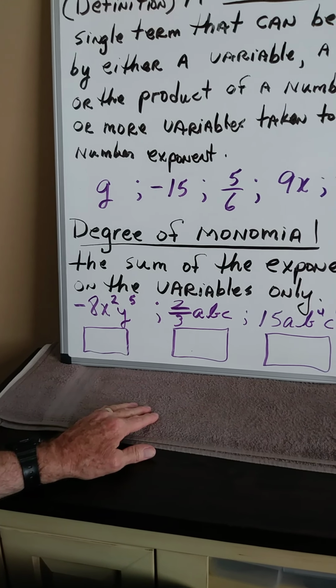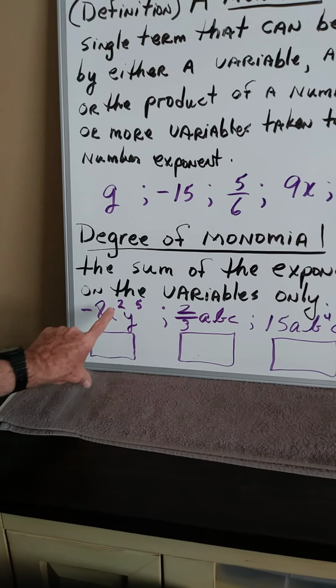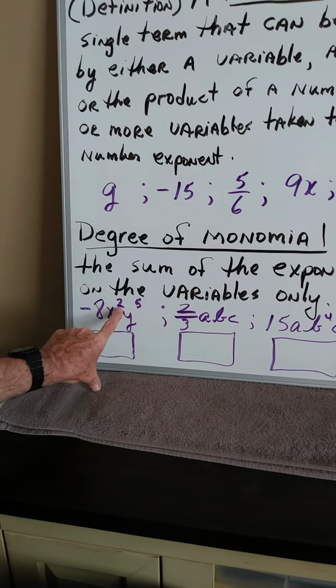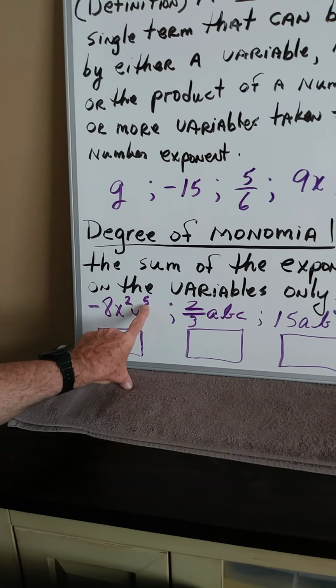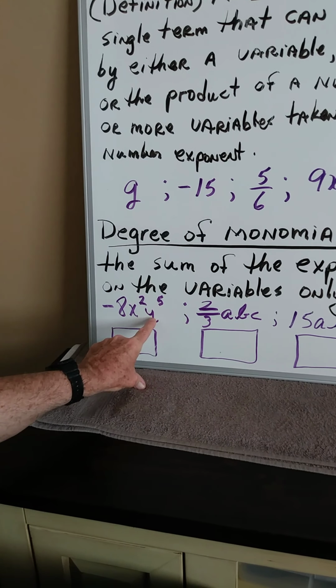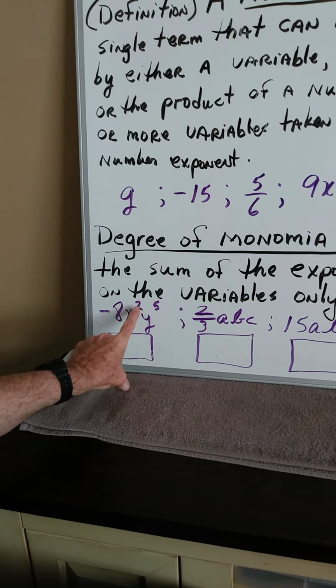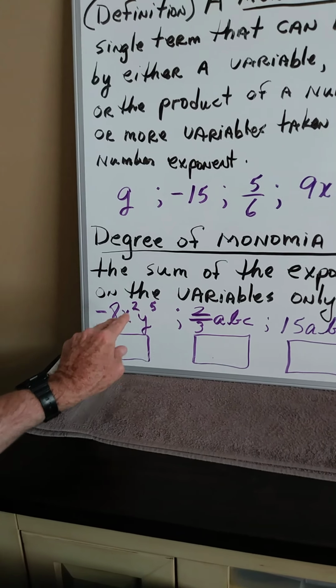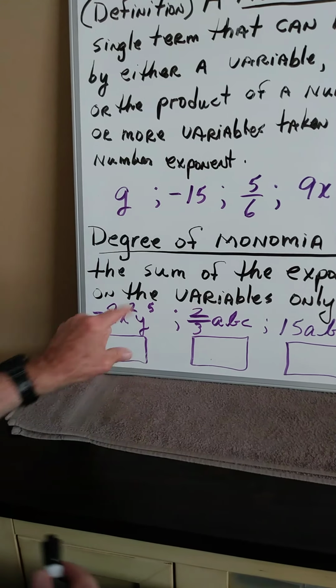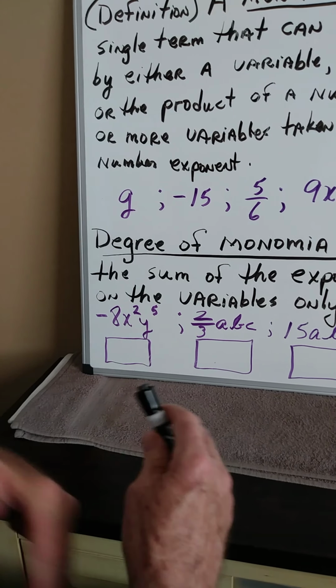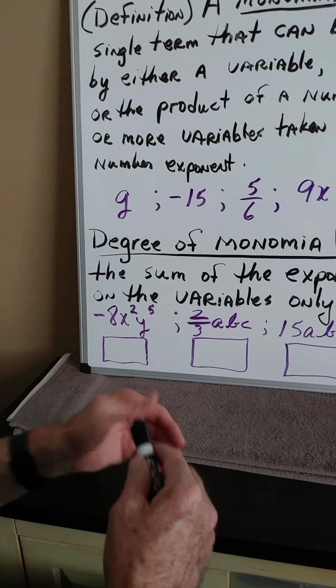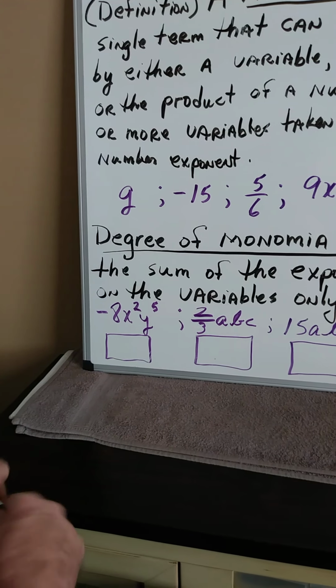That's what the word sum means. So we take the exponent of 2 that belongs to the base of x, and the exponent of 5 which belongs to the base of y, and we add the exponents on the variables only. Exponent of 2, exponent of 5. Add them up, and whatever that sum is, that's our degree.